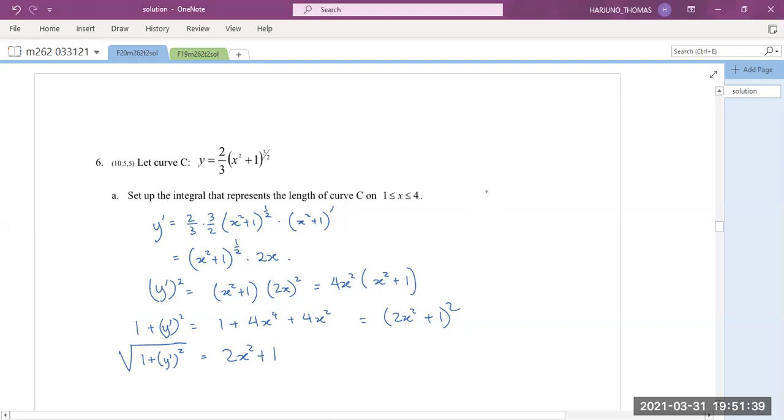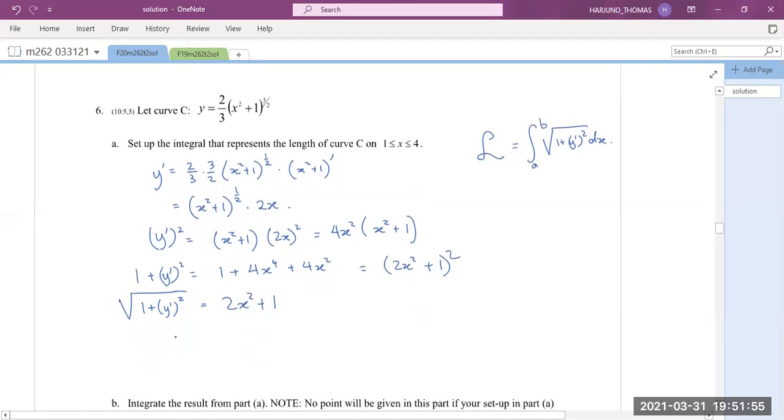The formula for the length of the curve will be the integral from a to b of the square root of 1 plus y prime squared dx. Now I simplify the integrand all the way first. Now the length is the integral from 1 to 4 of 2x squared plus 1 dx. That's the setup.